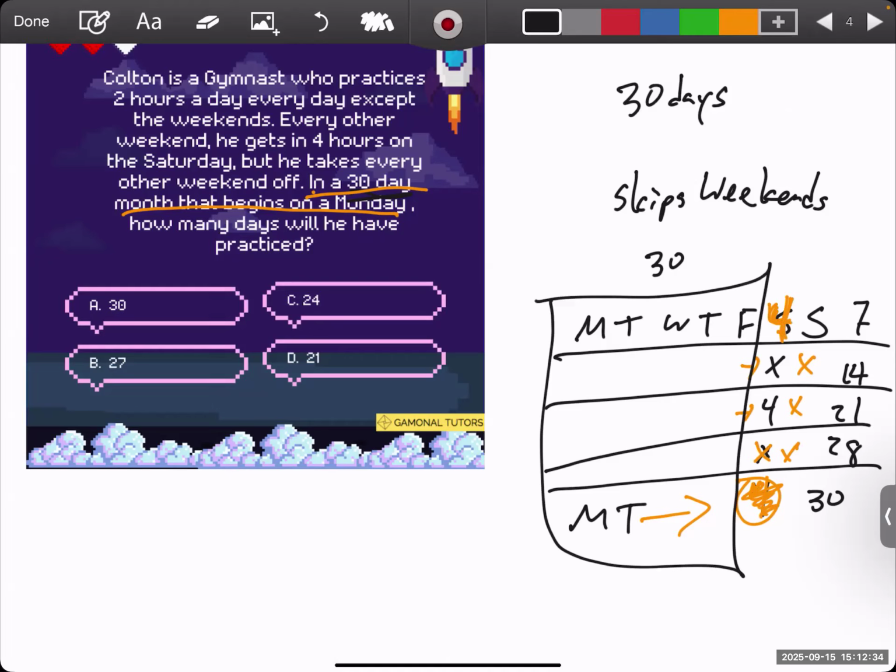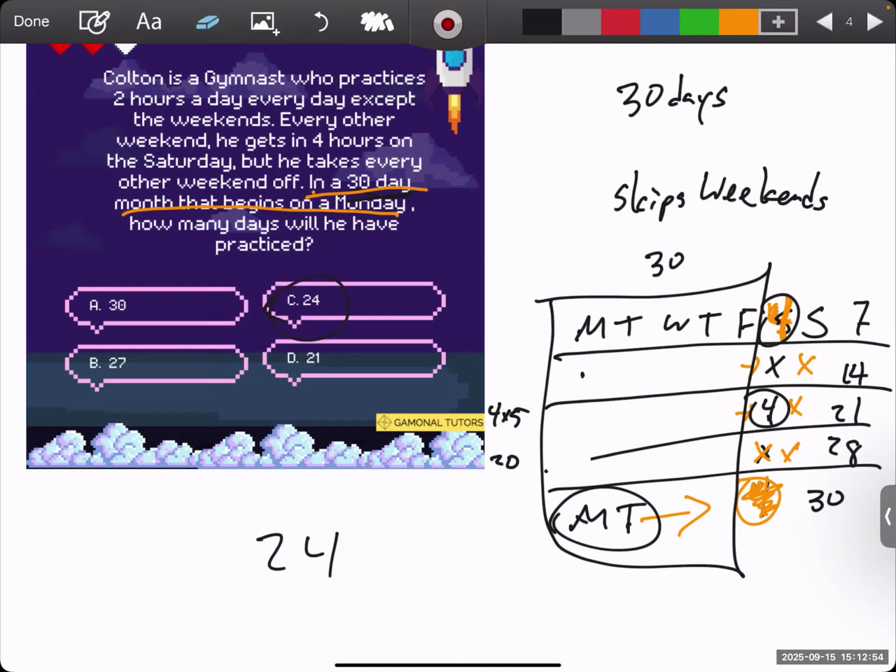So that's going to be 1, 2, 3, 4. So 4 times 5, which is 20. And then we'll add up the other 2 days and these 2 days. So that would be 21, 22, 23, 24. So I would say maybe 24 days here.